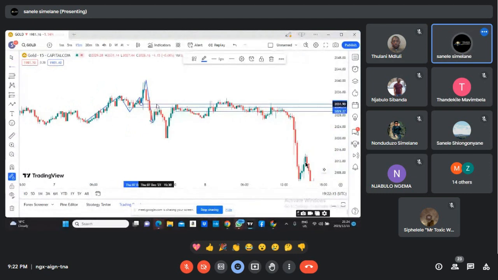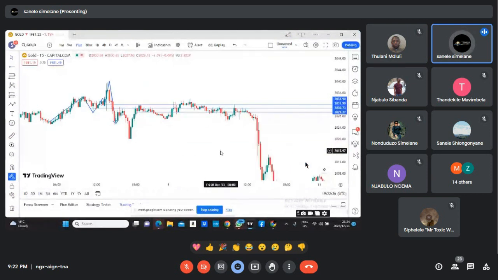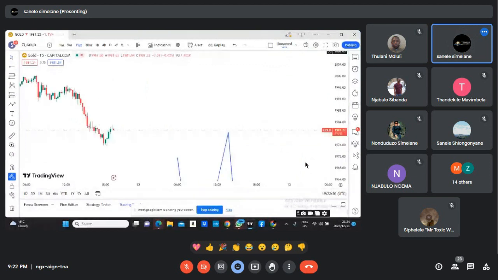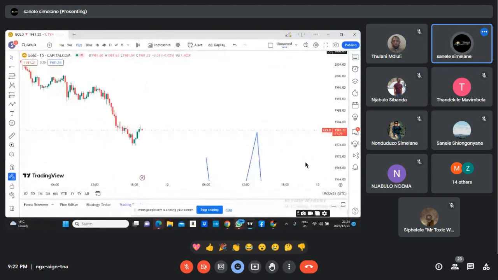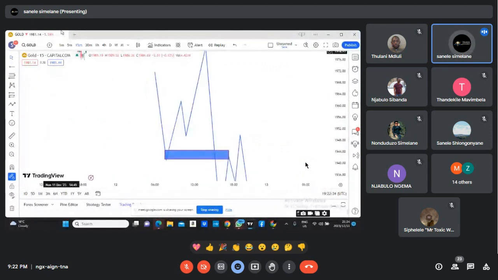Remember what I said? With this one, we don't neglect. Let me just show you. You can scalp this one, but this entry right here will give us a long-term trade.